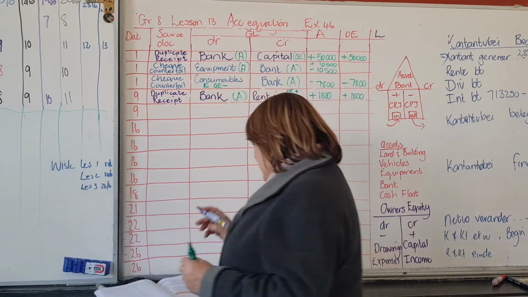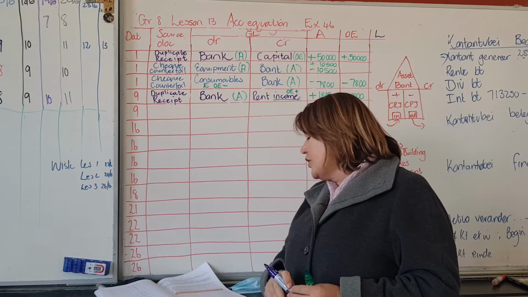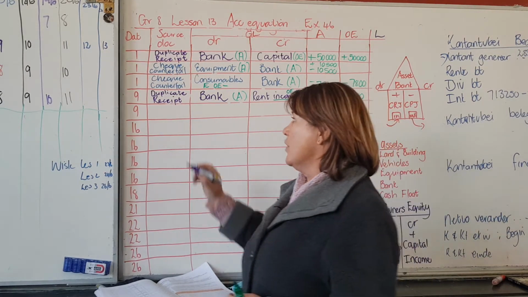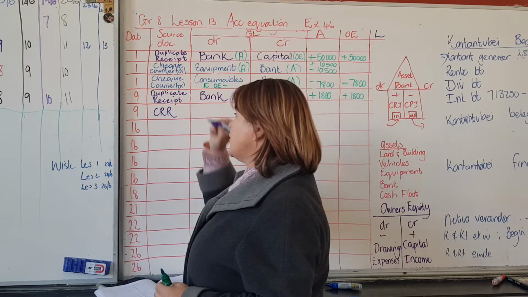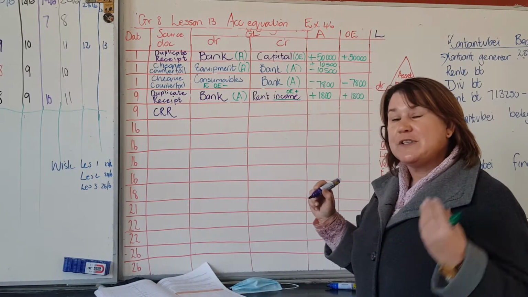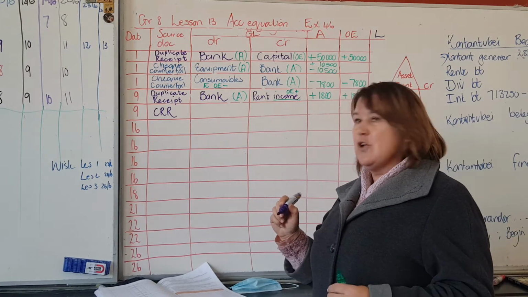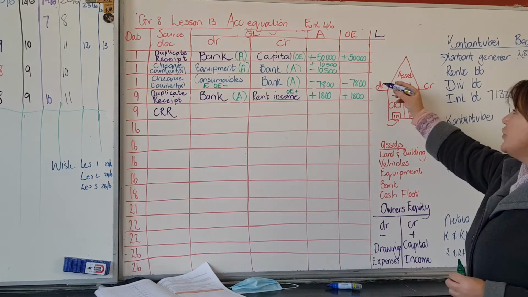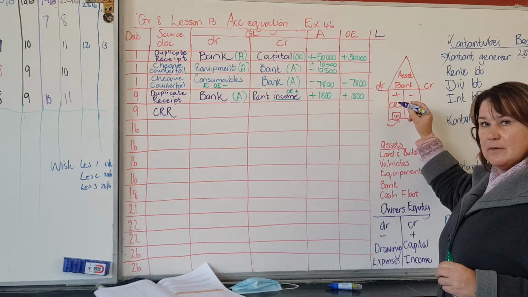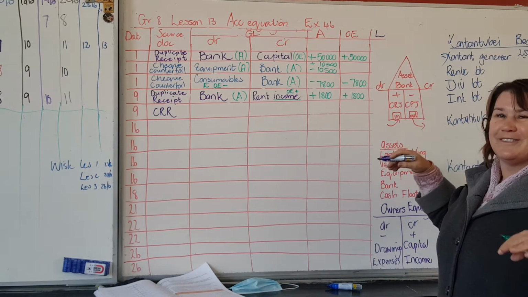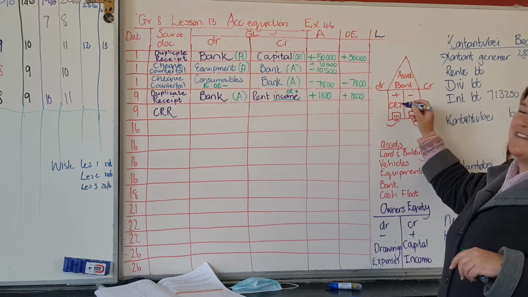Okay, then the next transaction on the 9th. Service fees according to the cash register roll. So your source document is your cash register roll. You have received money from clients for service rendered. So what happened to your bank? Money flew into your bank account.